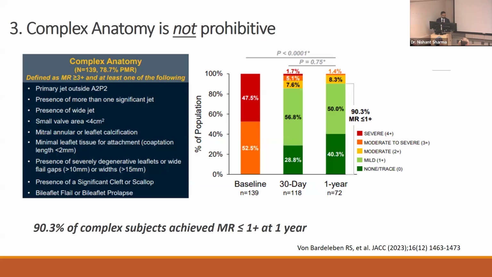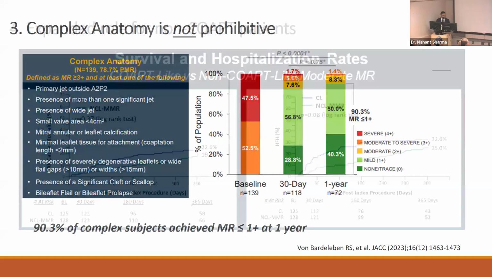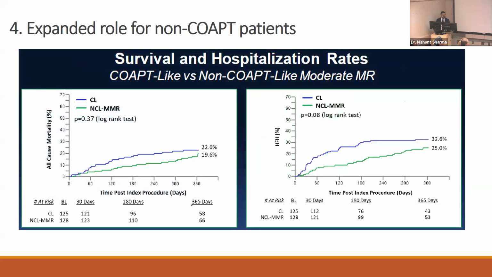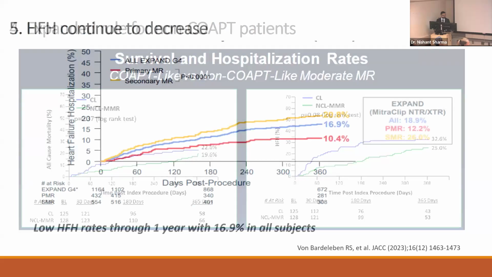And so we're seeing a lot of benefit in patients that were traditionally declined clip based on certain anatomical features. And then an expanded role for non-COAPT patients. They did a subgroup analysis in the EXPAND registry looking at clip-like patients and non-clip-like patients, and really no difference in terms of outcomes.